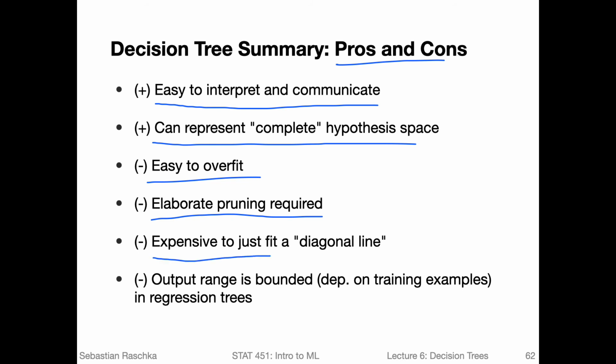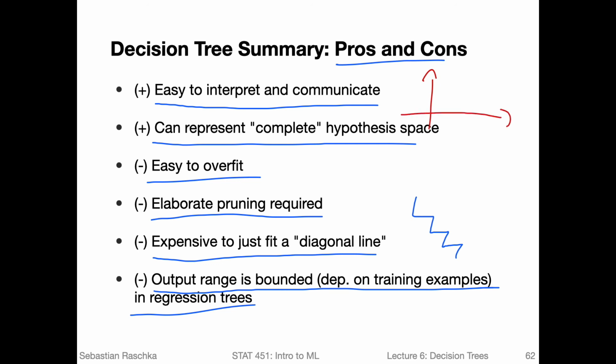And then also we have seen in this staircase scenario that a decision tree is not very good at fitting a diagonal line. It would approximate it with these staircase steps, which is not ideal either. And in the regression tree examples, one downside would be that the output range is bounded. What I mean is, if you have a data set, let's say y is our target with only one feature, x, and then we have something like this as our data points.